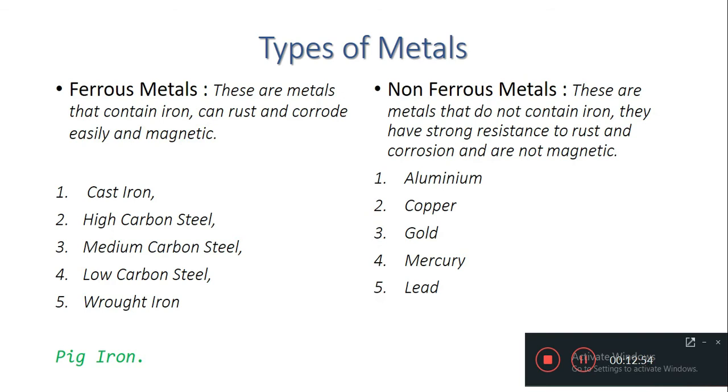Yes, they are not magnetic. They do not attract magnets at all. What are some examples of these metals? We have aluminium, copper, gold, mercury, and lead. So you want to take note of these.